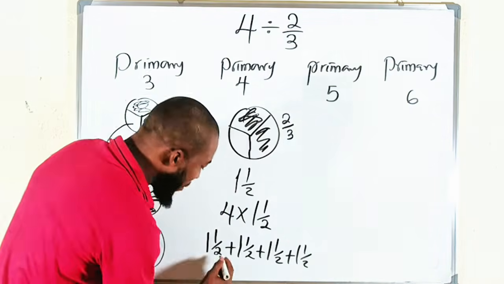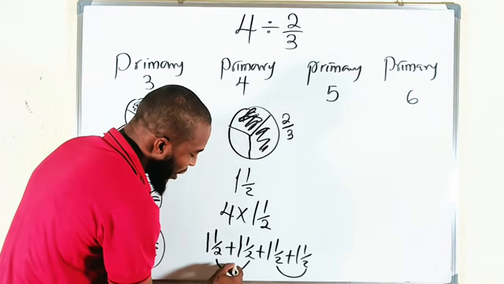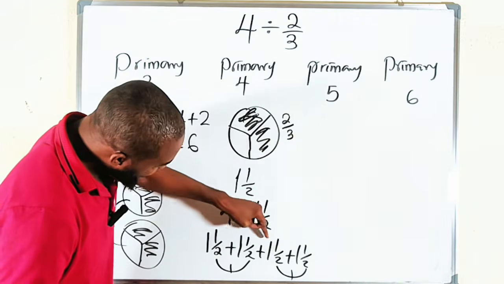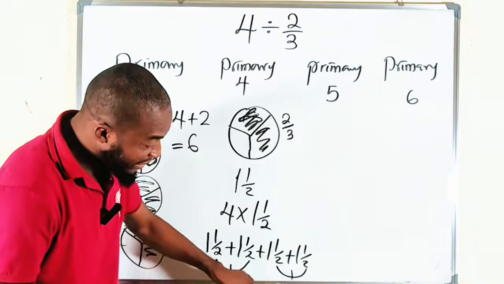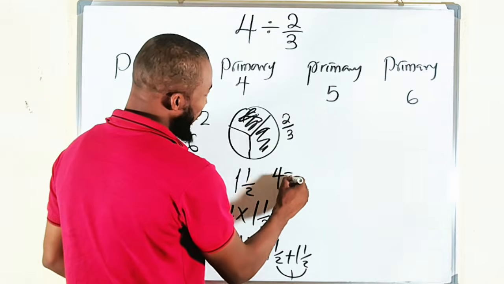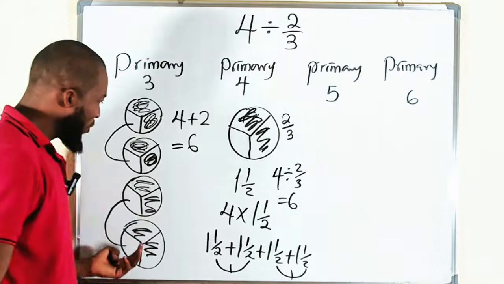Remember, half and half will give you 1. Another half and half will give you 1. So altogether, you can see we have 1, 2, 3, 4, then 5 and 6. It means that if you take 4 and divide by 2 over 3, you're going to get 6, just the way we got 6 here.